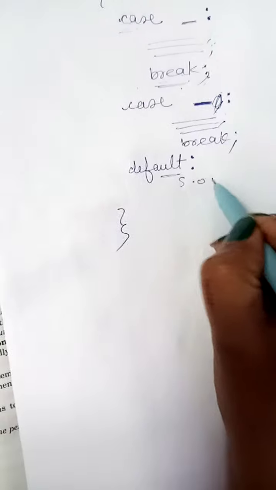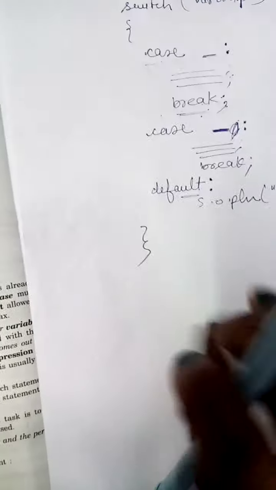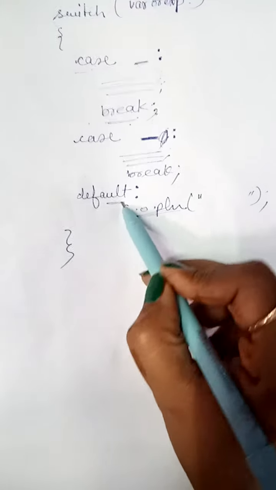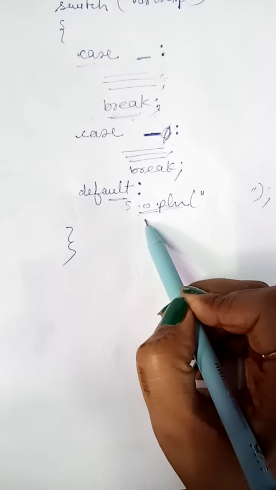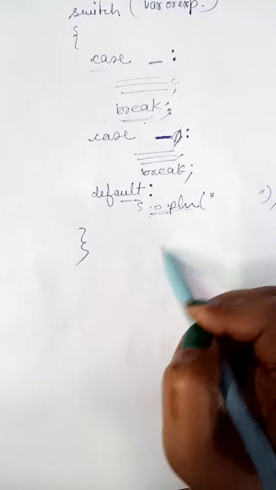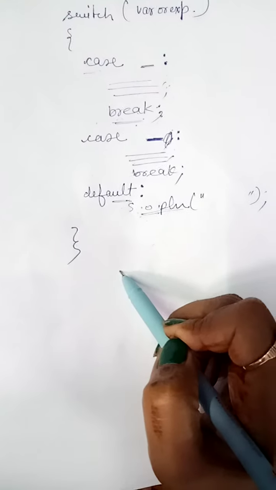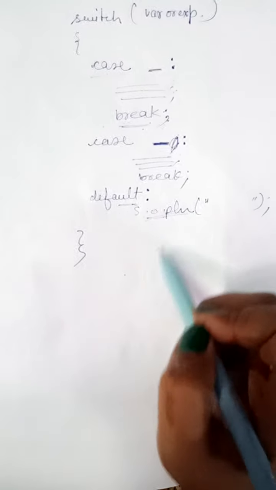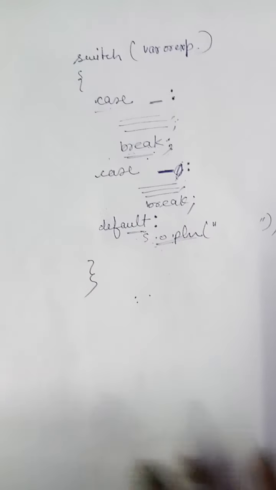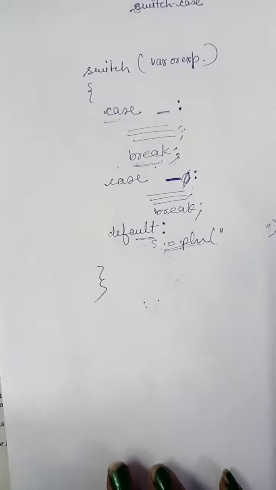You write the statement for whatever you have to do when none of the cases is matching. There is no need to write break in default, as it executes at the last, and after that you automatically come out of the switch. So this is the general syntax of switch.